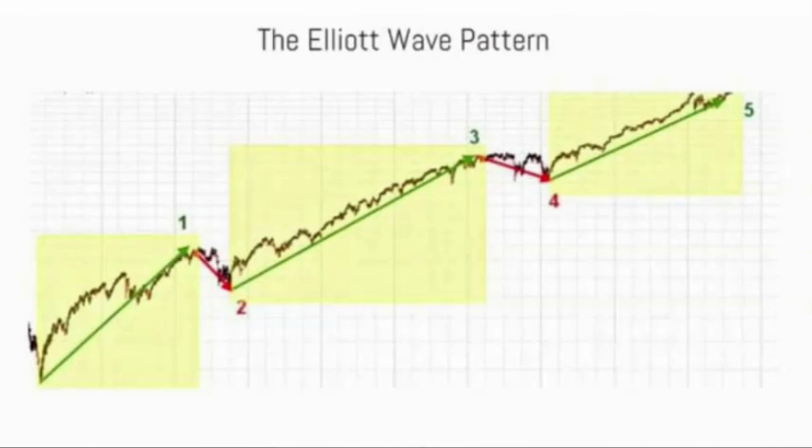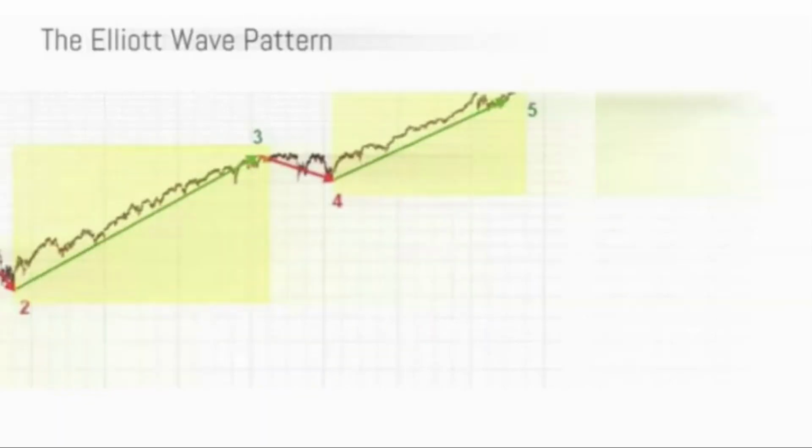Now, this image shows you a bullish wave pattern. The yellow boxes indicate the 3 impulse moves, which are wave 1, wave 3, and wave 5. Recall that within any trendy 5-wave pattern, there are price moves that head in the direction of the overall trend.